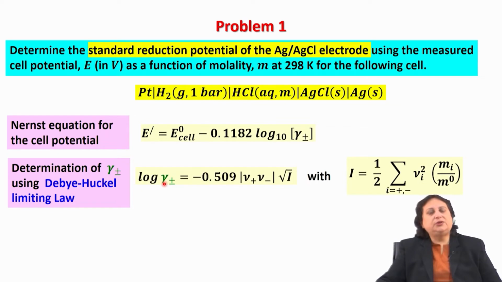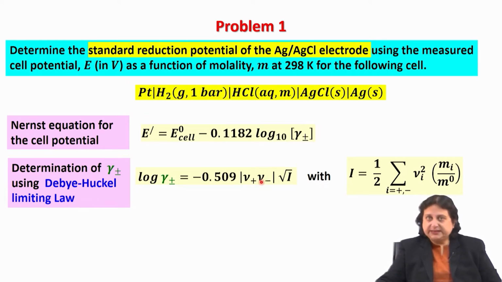It says log to the base 10 gamma plus minus is equal to minus 0.509 multiplied by modulus of the stoichiometric coefficient in the formula of the number of positive ions present in the formula of the electrolyte multiplied by the number associated with the formula of the negative ion in the electrolyte.